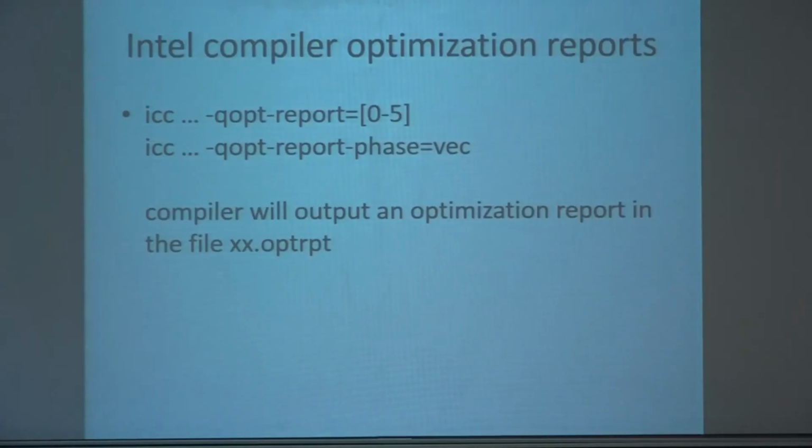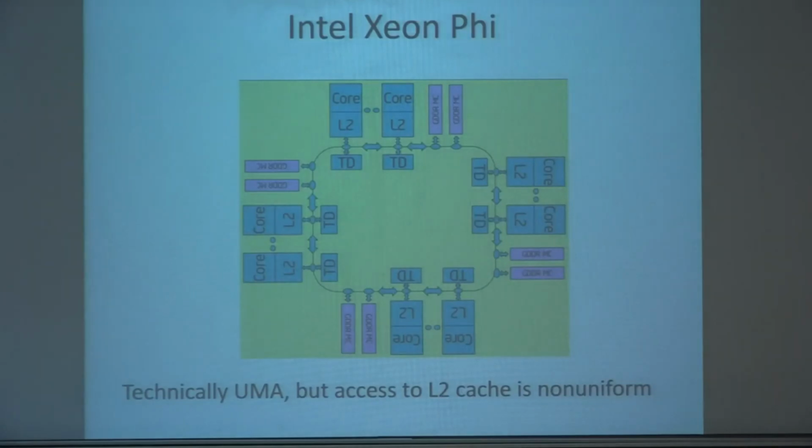Okay. So, can you say what was it? Technically, it's a NUMA? Yeah. There's a lot of argument about whether or not this is an architecture that is non-uniform memory access.